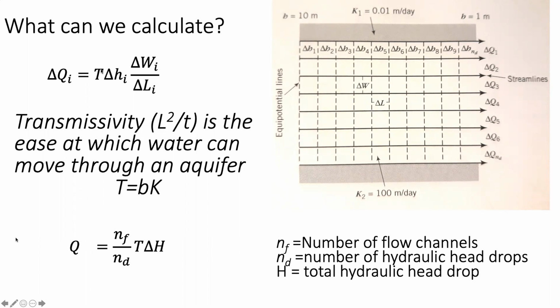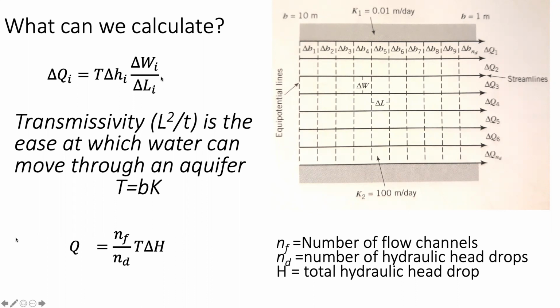So we can put our transmissivity into the system. We can put our change in head at any given location, like maybe a head drop between 7 and 8 here. And then we can also put in information about the width of each of these. So what is the width of your flow channel, and what is the length between your different head drops in the system?